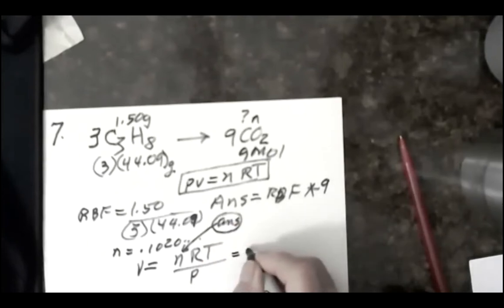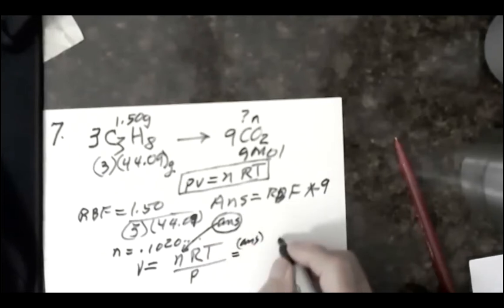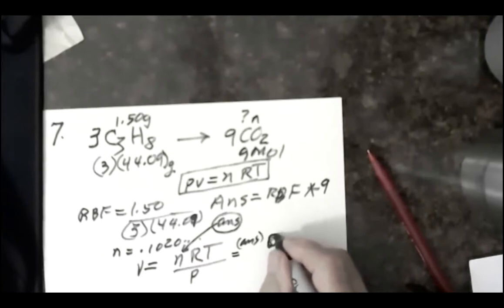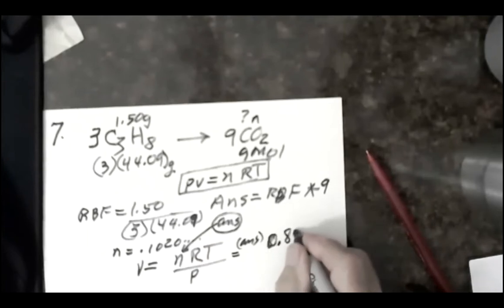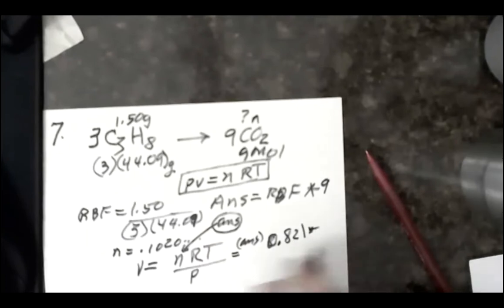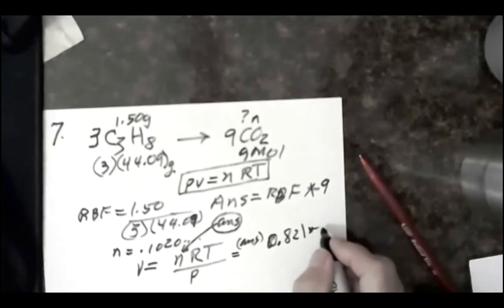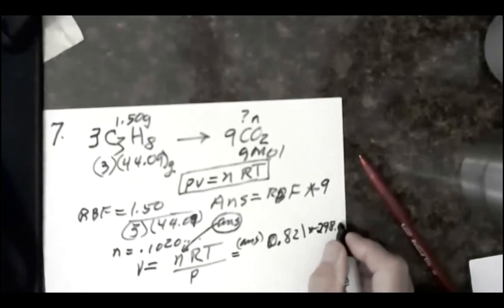The R is 0.0821 liter atmospheres per mole per Kelvin. The temperature is 25 degrees, that's 298.15 Kelvins if you want it.